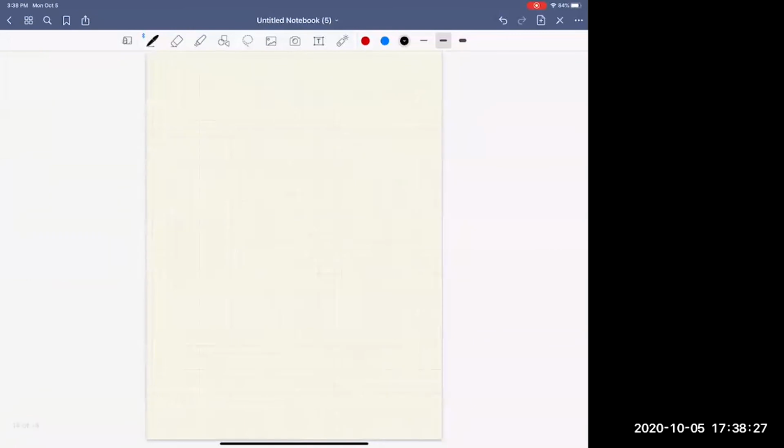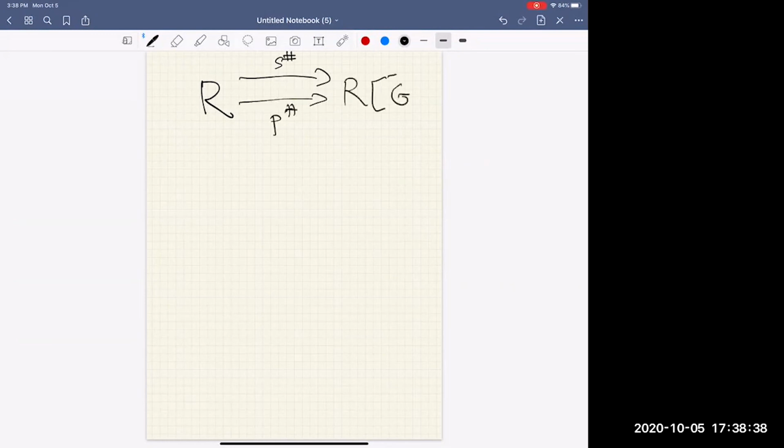I have R mapping by S sharp and P sharp to R adjoin G. And I have two maps, which are really just S, the restriction of S sharp and G sharp, going to Q, which I'm going to define to be R adjoin this monoid, which is this submonoid, and the image of the action.